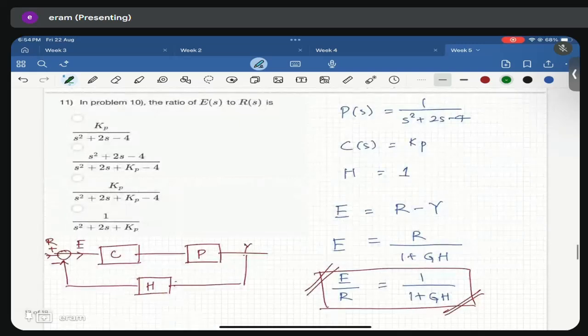Now solve for this one. What will be E by R if PCH is given like this?